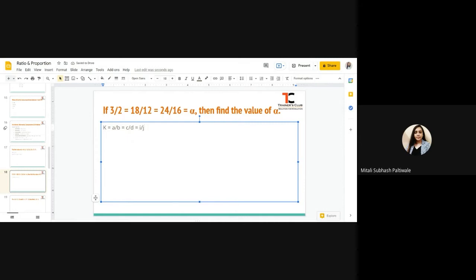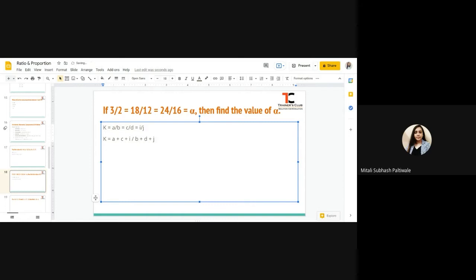So k is equal to A plus C plus I divided by B plus D plus J. This is what we have done previously also.